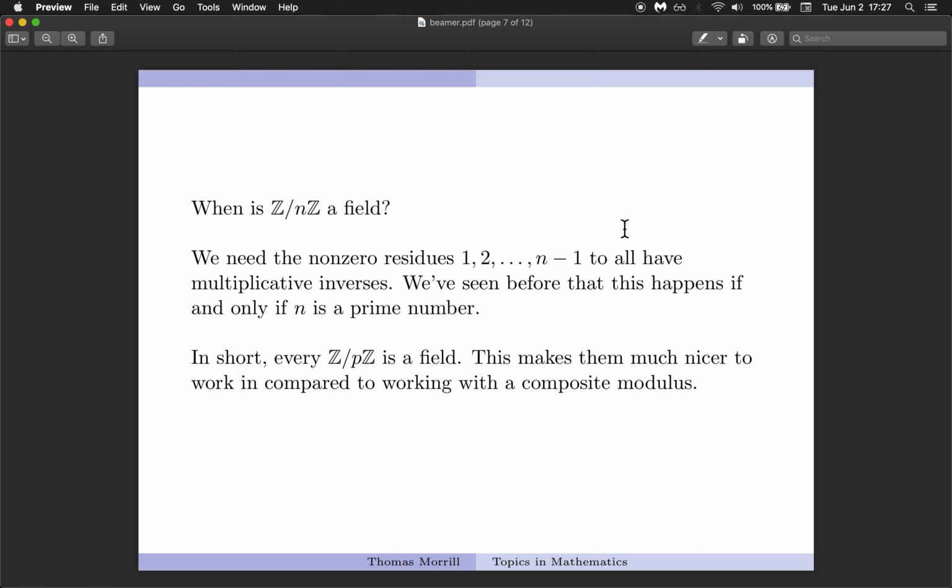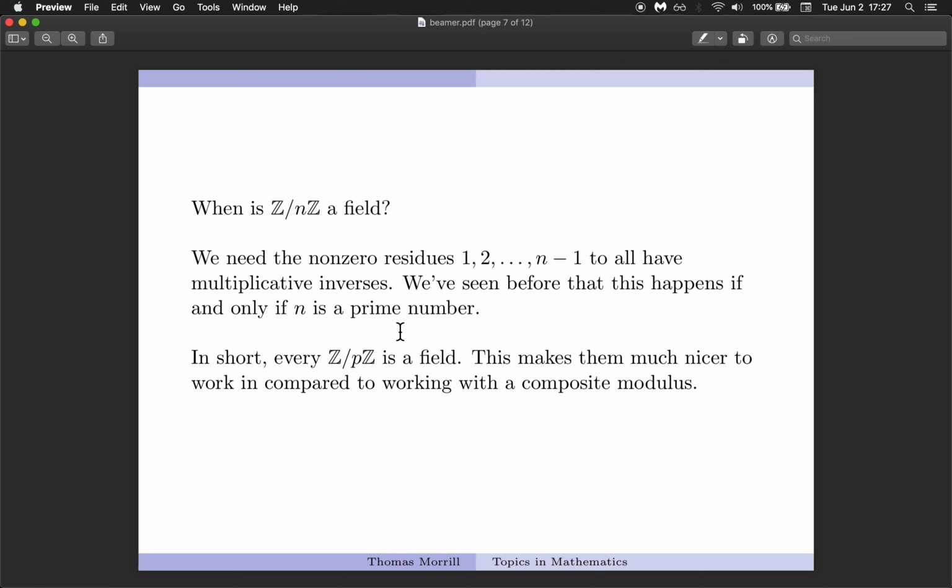So if we are interested in coordinate systems for elliptic curves, every single Z mod pZ is a field, which makes it a valid coordinate system for doing elliptic curve calculations. So we've seen before that Z mod pZ is a bit nicer to work with.